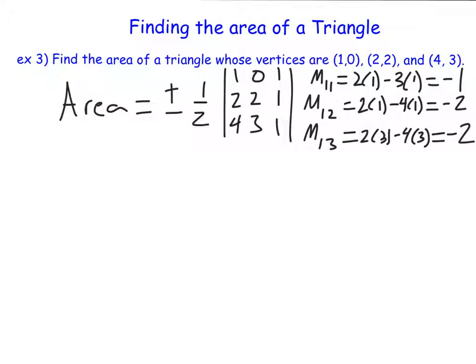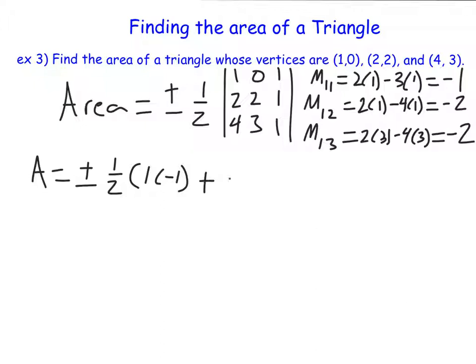All right, I'm just going to shorten area to A. Remember, the plus or minus is just there as a reminder that make sure that your answer is positive. So the entry in row 1, column 1 is a 1. And I multiply that by the first minor I found.